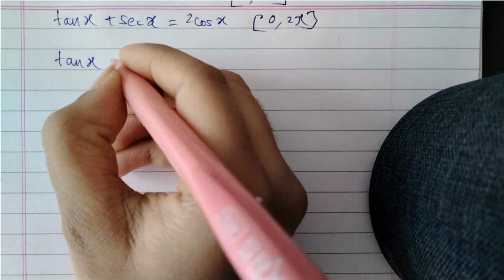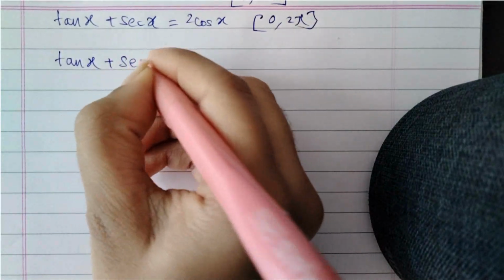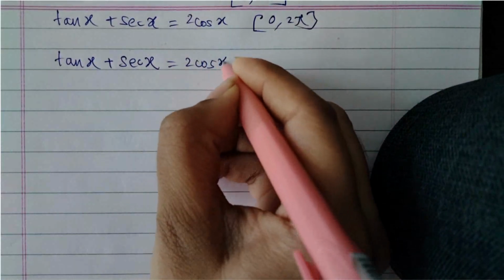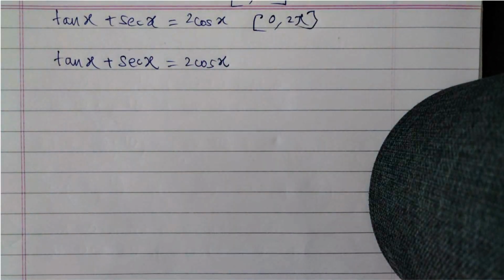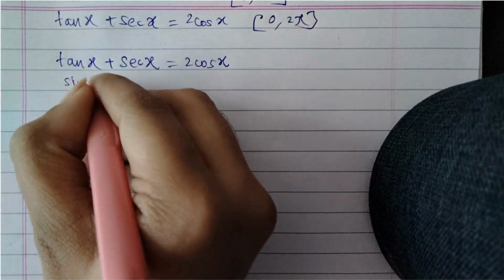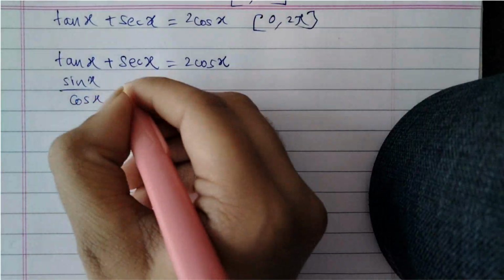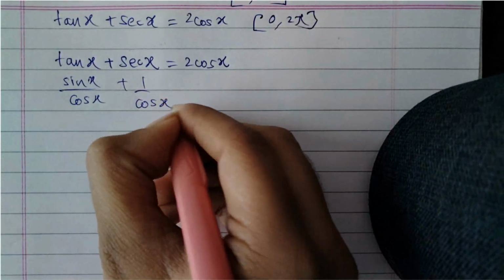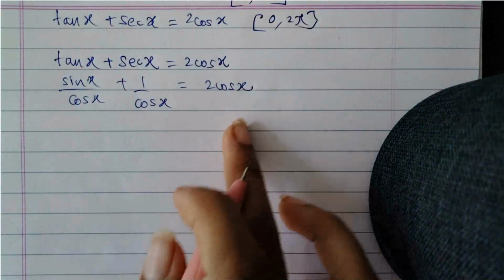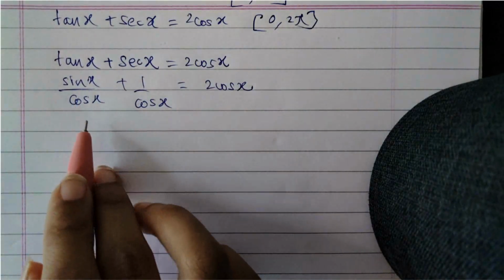So tan x plus sec x is equal to 2 cos x. Let us solve the equation first. We can write tan x as sin x by cos x, plus 1 by cos x, is equal to 2 cos x, everything written in terms of sin and cos.